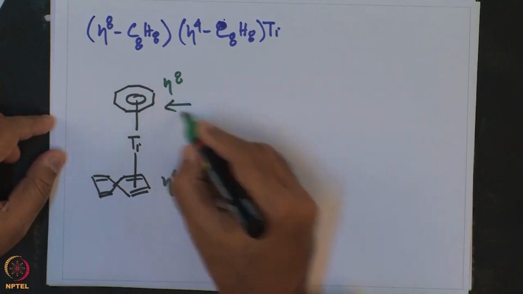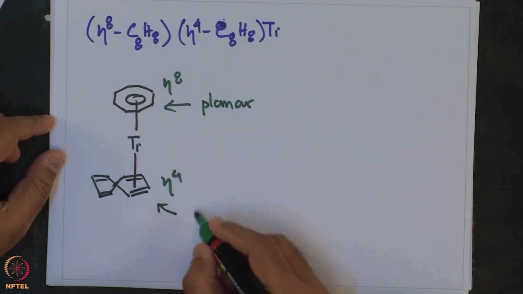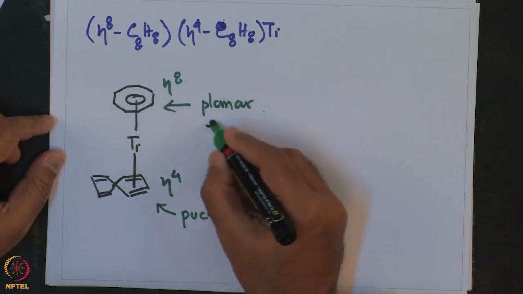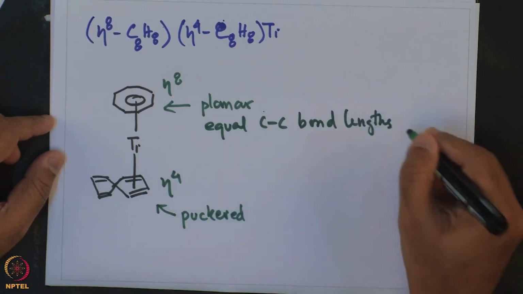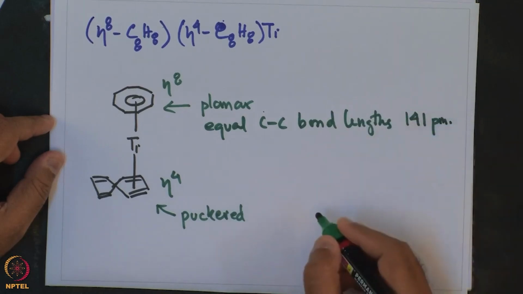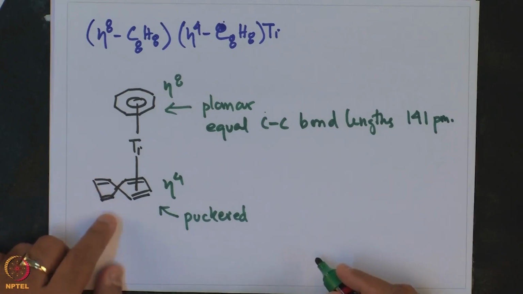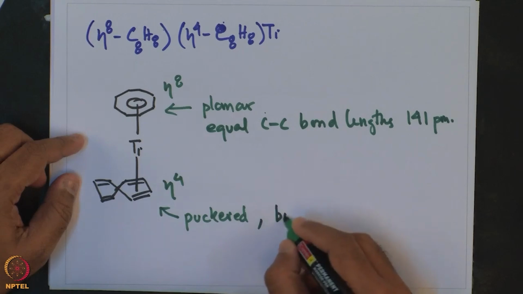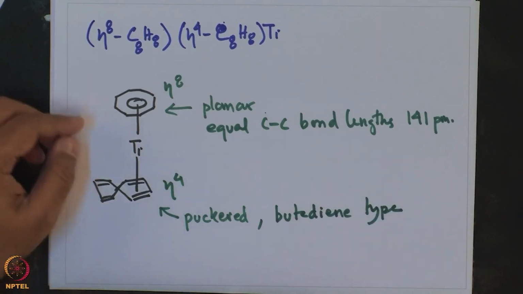Eta 8 is planar, whereas eta 4 is puckered, and eta 8 is planar, containing equal CC bond lengths of 141 picometer, whereas there is no conjugation across the whole ring in the eta 4 fashion, because it is puckered, so it does not show equal bond lengths, and this binding is more like a butadiene type. Another interesting bit about this structure is that in solution a fluxional structure is observed.